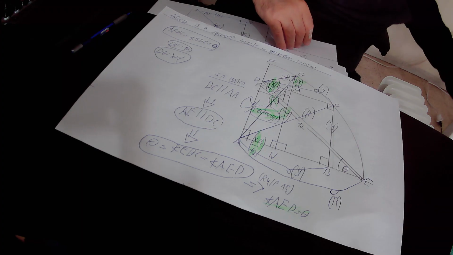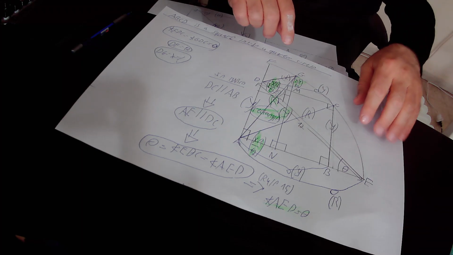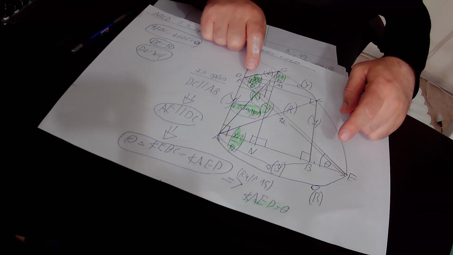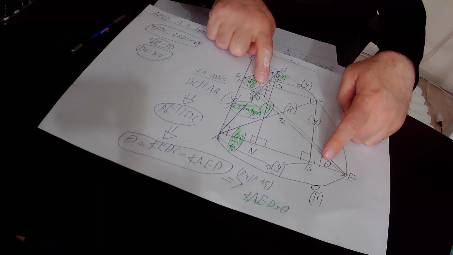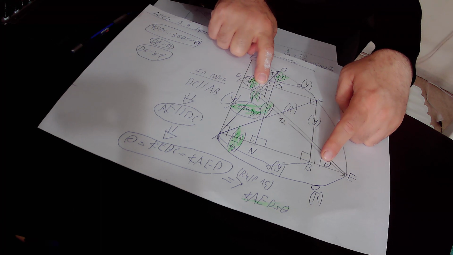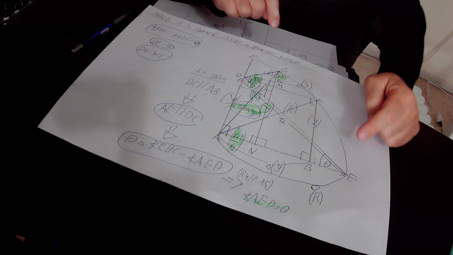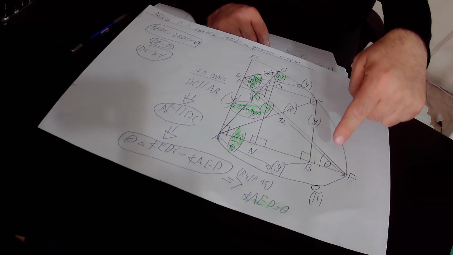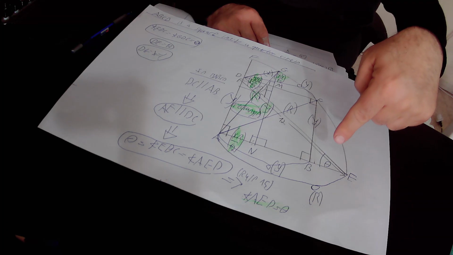In our drawing, we have these two alternating angles. That is to say, this is angle EDC and this is angle DEA.